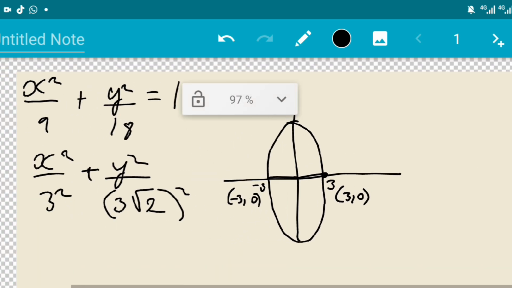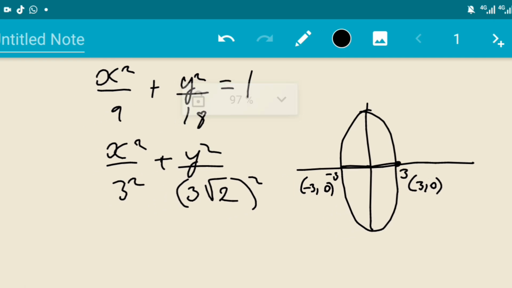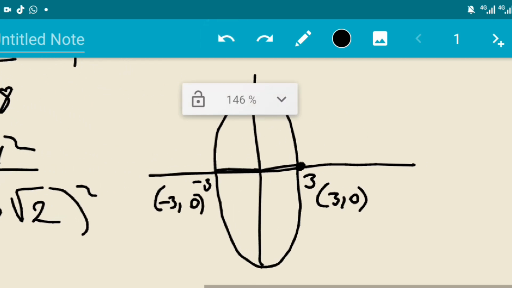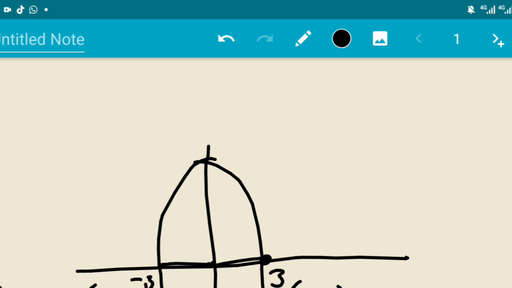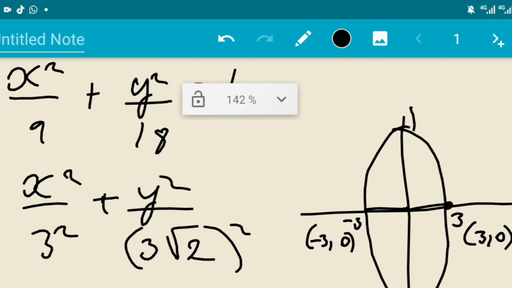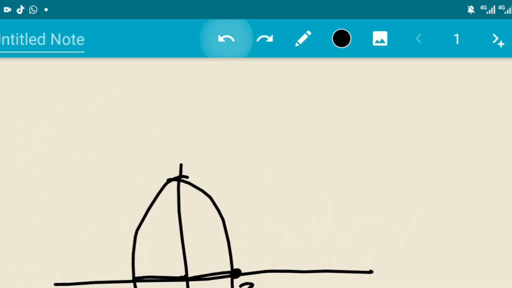Then as for the major axis, regarding this vertex and this vertex, it is going to be the root of 3 times 2. Okay, so starting from here, it is 1, 2, 3, and so on. So it just has to be the root of 3 times the root of 2. The same goes for this.